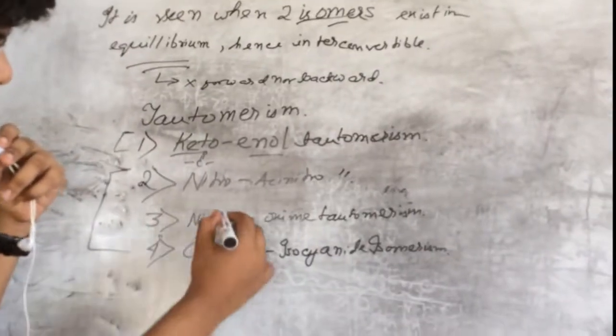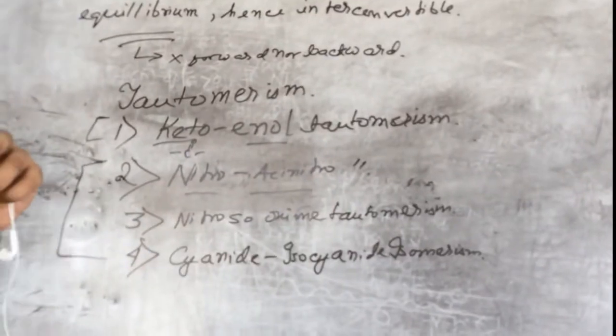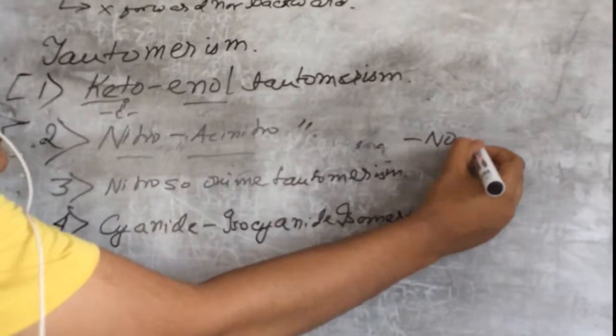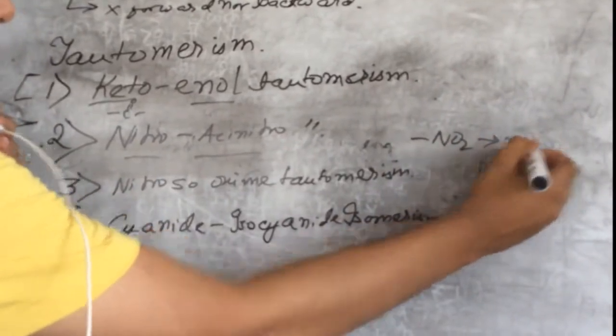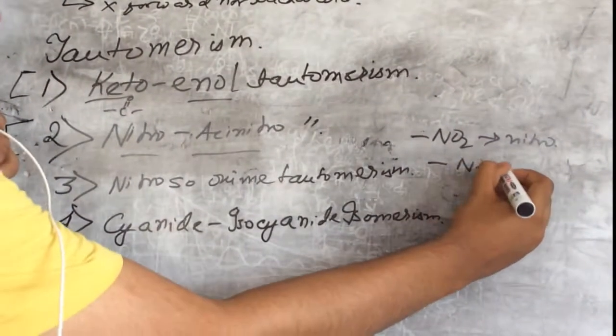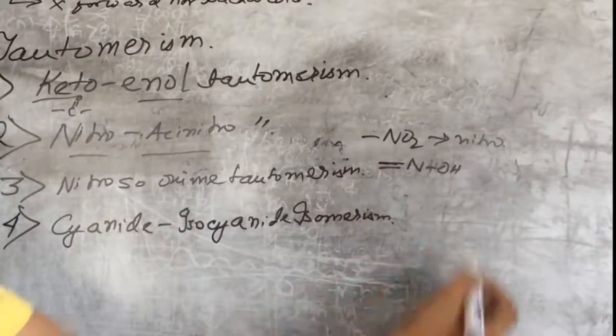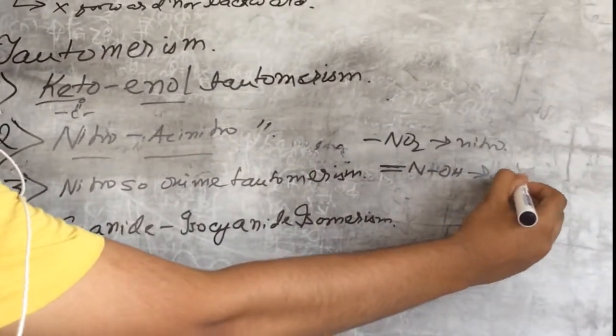So next we have nitro-acynitro tautomerism. So nitro group is, this is nitro, and acynitro is NOH. There will be a double bond here, so this is acynitro.